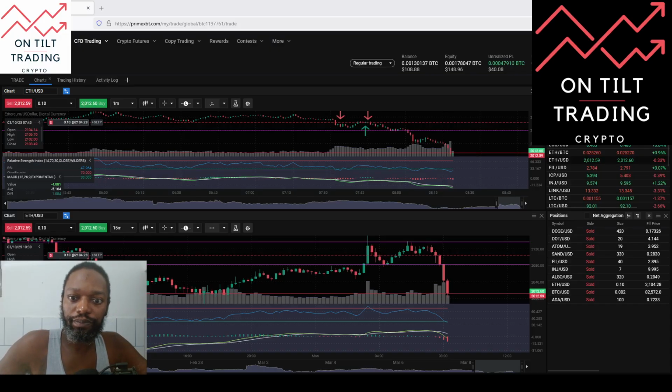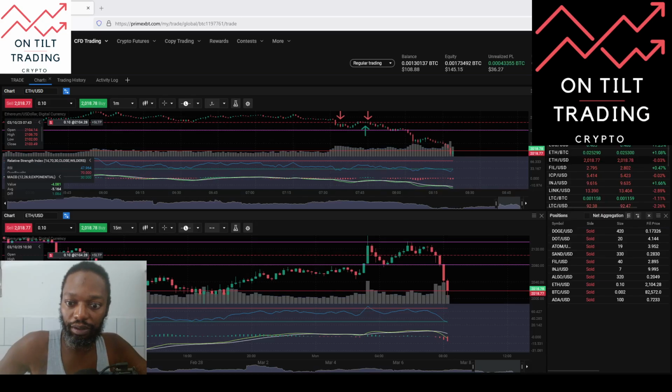The 1 minute, I take my entries and exits off of, but I mainly trade off the 15 minute. Keep an eye on what's going on here. We can see the high volume profile here. We can see we're overbought here. We've got separation between the MACD and the average, not a lot of momentum.